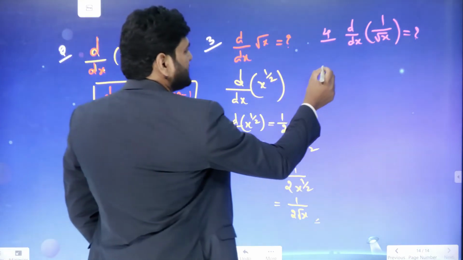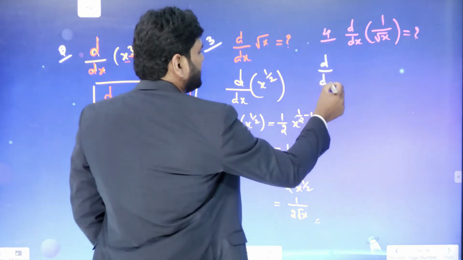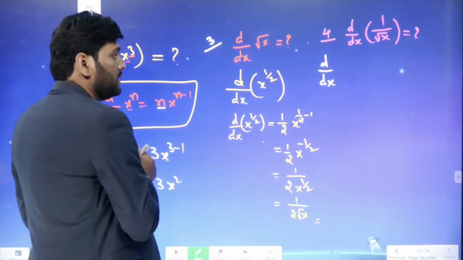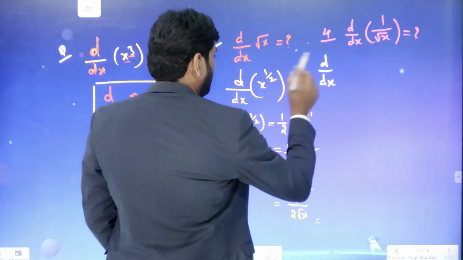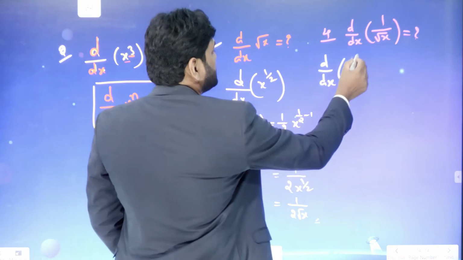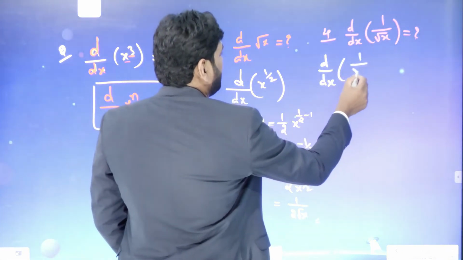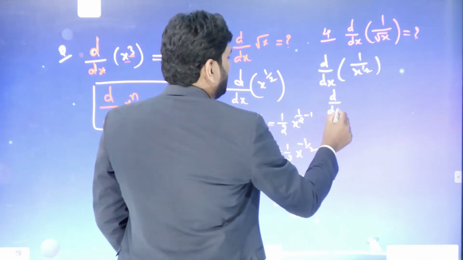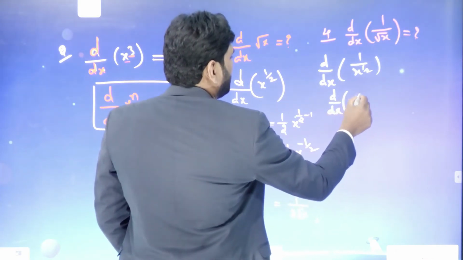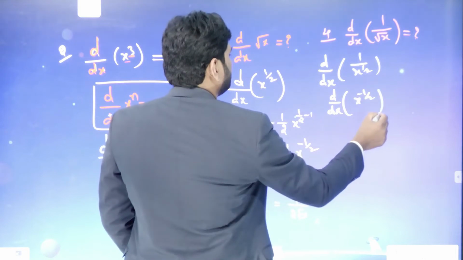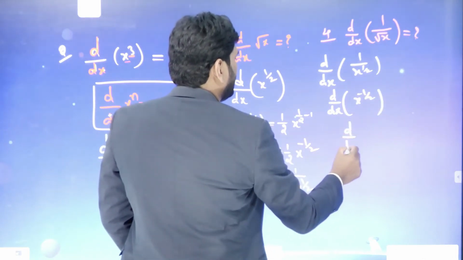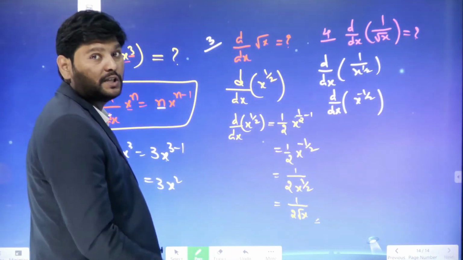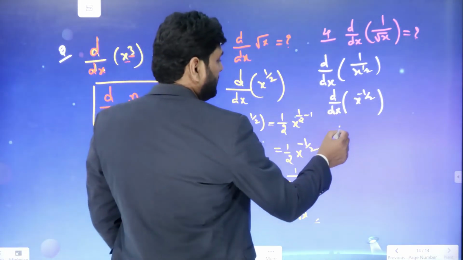First change this function into our kind of formula, x power minus 1 by 2.